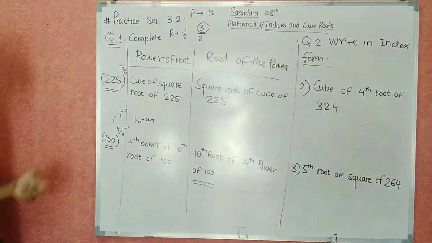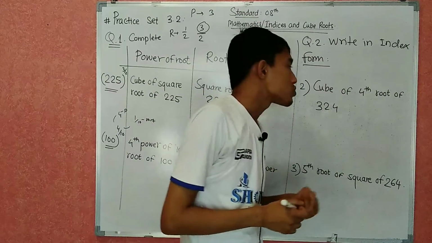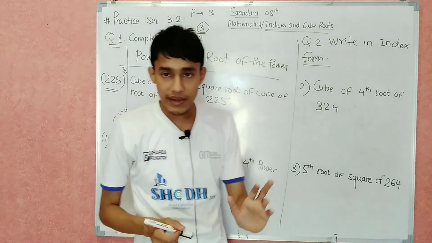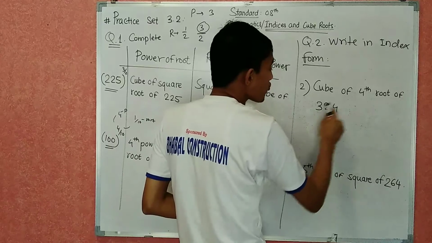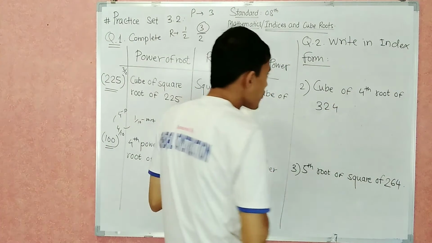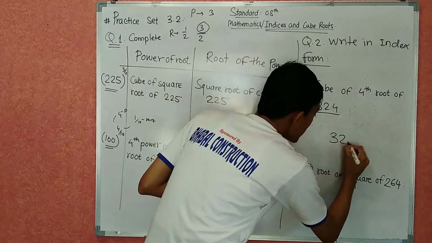Now sub question 2 is write in index form. The numbers are given in the word form, we have to write those in the index form. The statement is cube of fourth root of 324. So first we have to take down the base. The base is 324.